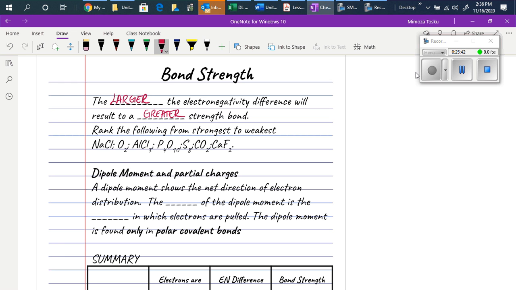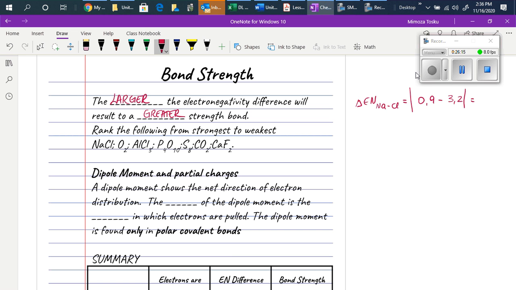Okay, so let's take a look now at the electronegativity difference between sodium and chlorine. Again, we will use the periodic table. The electronegativity difference between sodium and chlorine is the absolute value of 0.9 minus 3.2.